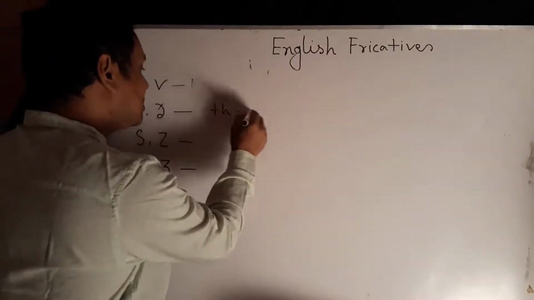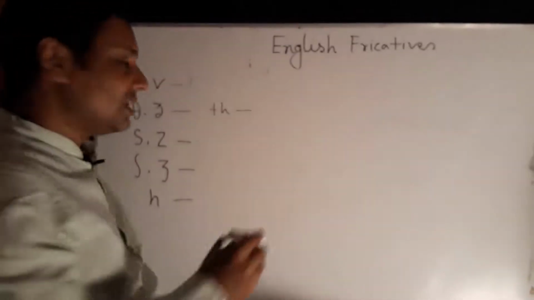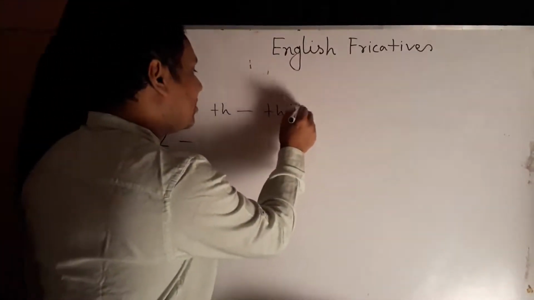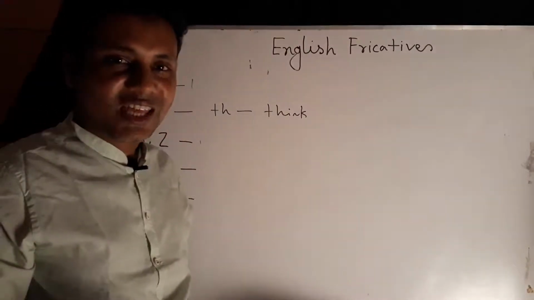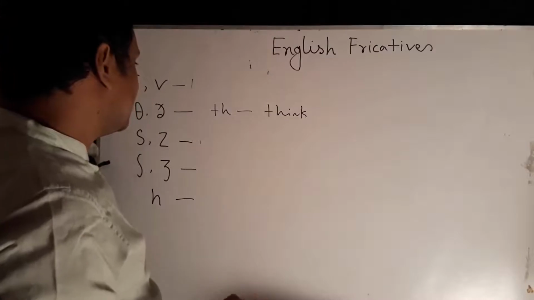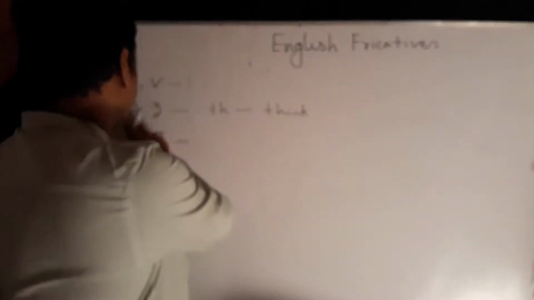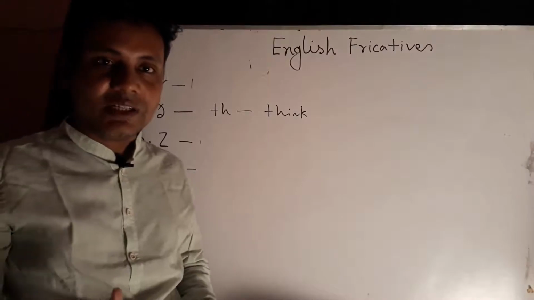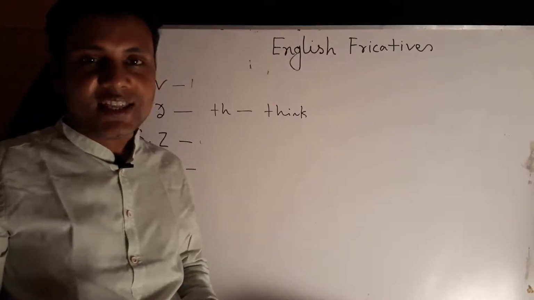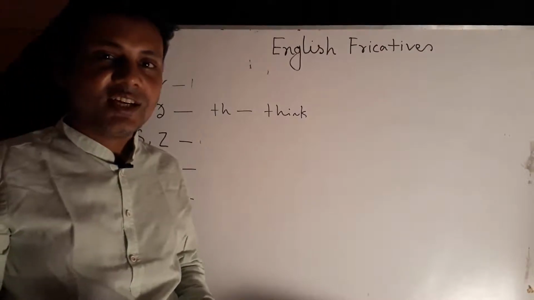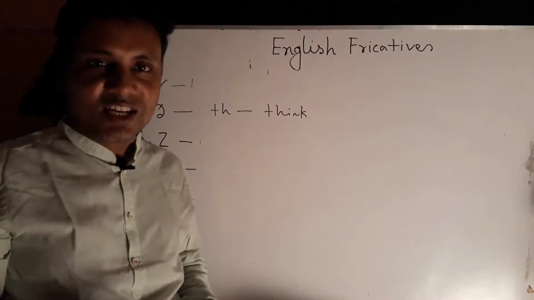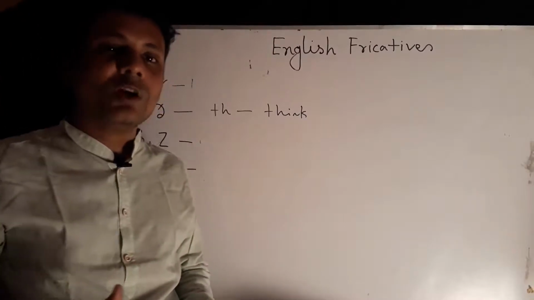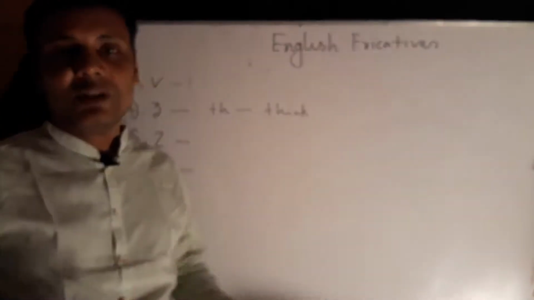Now tha, dha. Generally, TH is pronounced as tha. For example, think or thank, etc. TH is generally pronounced as tha, but TH of grammatical words like than, then, that is pronounced as dha because they are grammatical words.